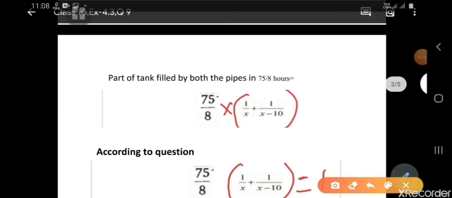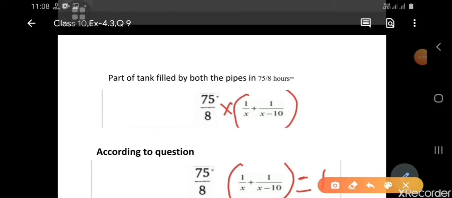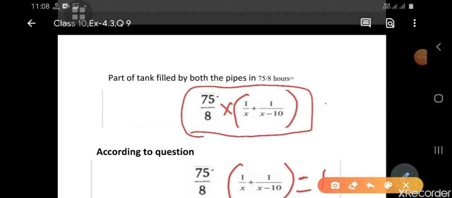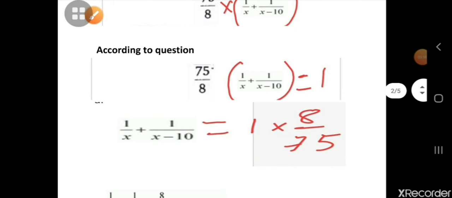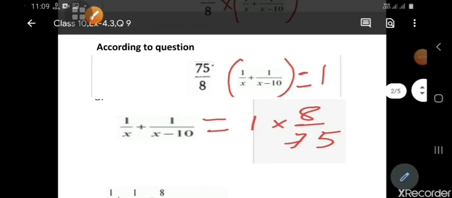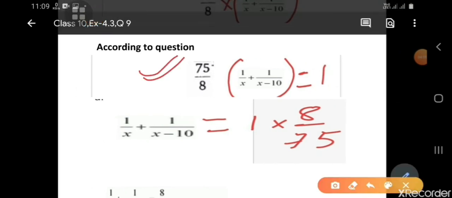If we allow 75 by 8 hours, then both pipes will fill the whole tank, so it will be 1. So according to the question, 75 by 8 into 1 by x plus 1 by x minus 10 is equal to 1.